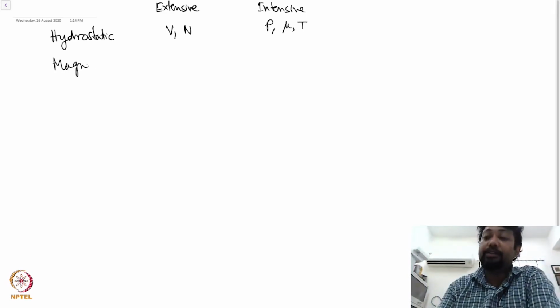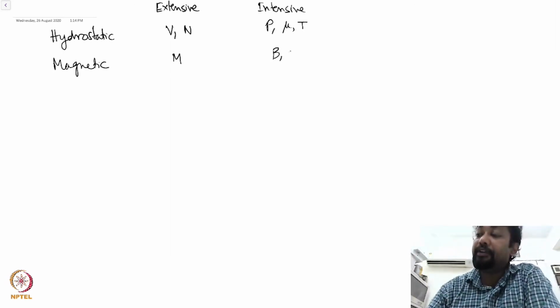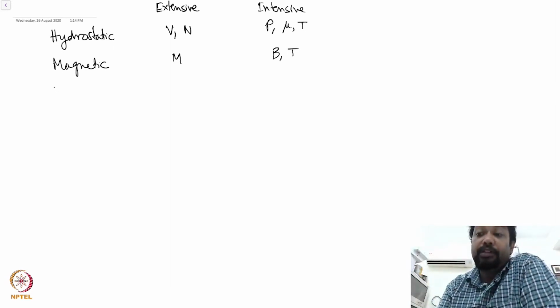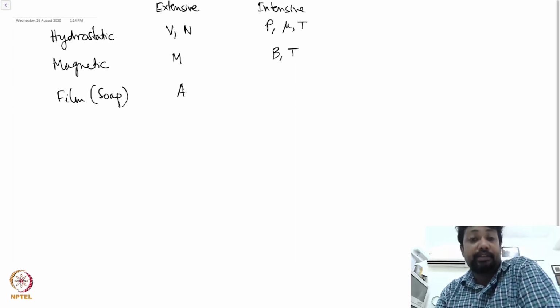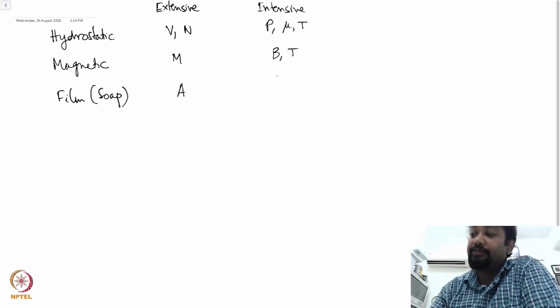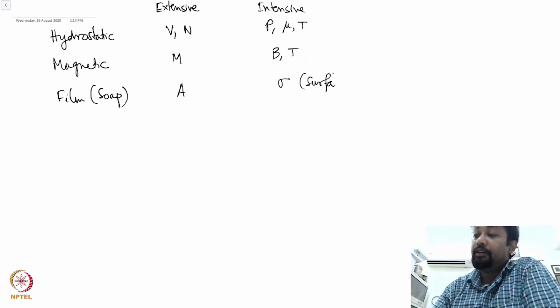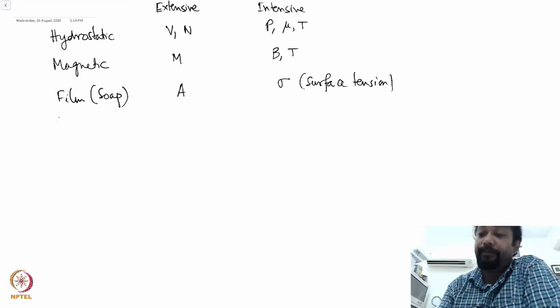For a magnetic system, I have only the magnetization, and therefore the magnetic field and the temperature are the intensive variables. For a film, for example a soap film, the area is the extensive variable, and the surface tension is the intensive variable.